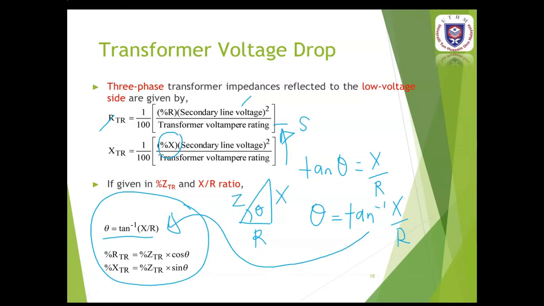From here you can calculate the percentage of the resistance of a transformer: the percentage of the impedance of the transformer times cos theta. This one is for the resistance, and for the reactance you just substitute cos with sin theta.